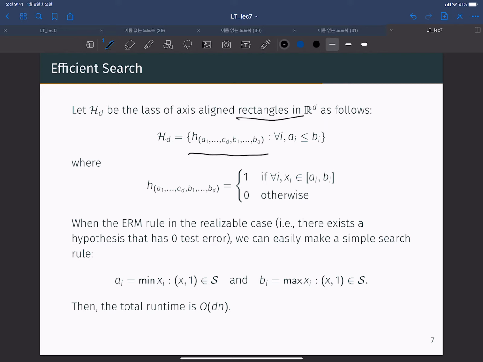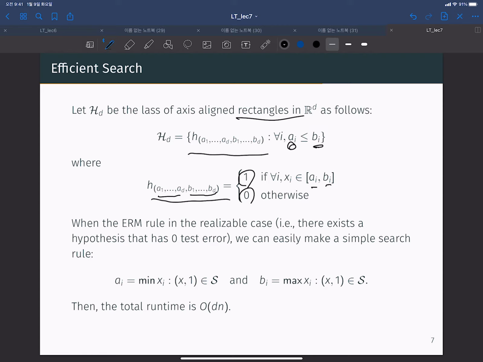So what does the notation mean? When we use A1 to AD and B1 to BD, and each AI is smaller than or equal to BI, then the point between AI and BI for all I will have a positive response, otherwise we have 0.